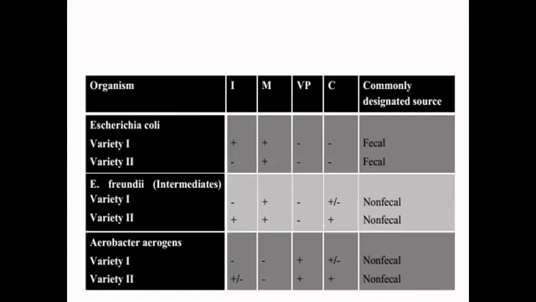In this test, 5 ml of peptone water is inoculated with a loopful of suspension of suspected coliform and incubated at 37 degrees Celsius for 24 to 48 hours. After that, 0.5 ml of Kovacs reagent is added to the broth cultures and gently shaken.